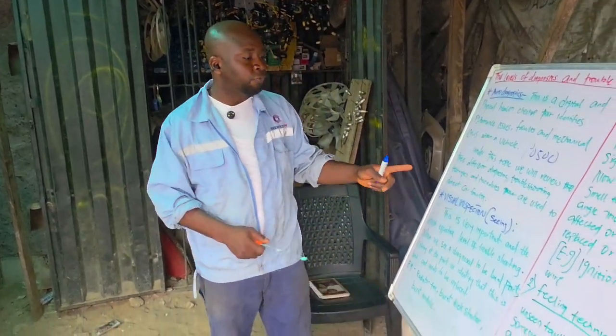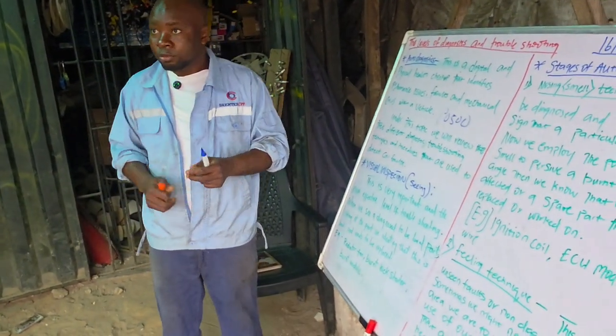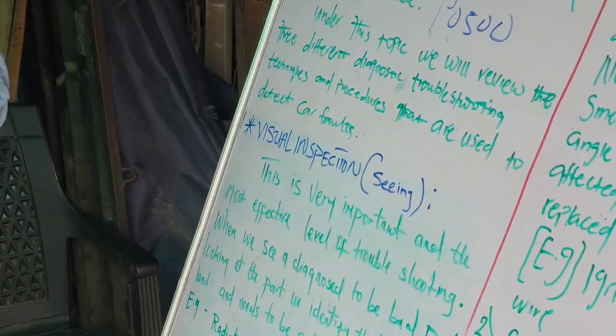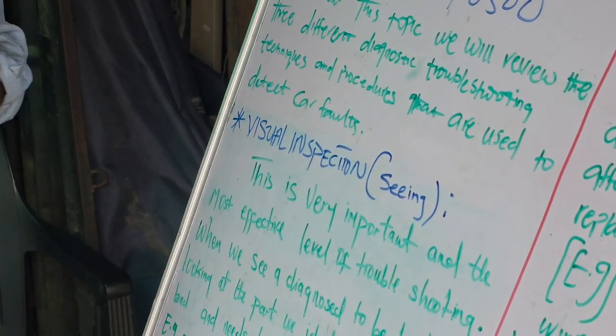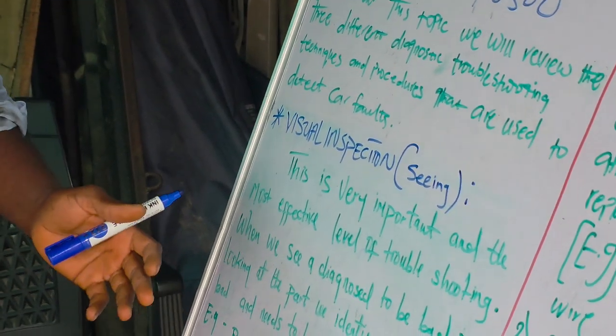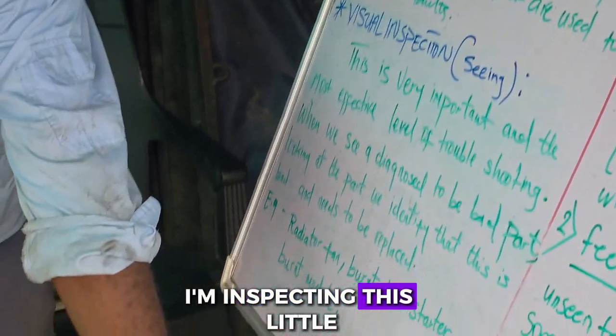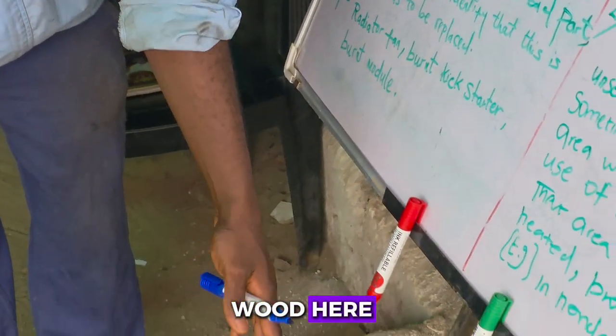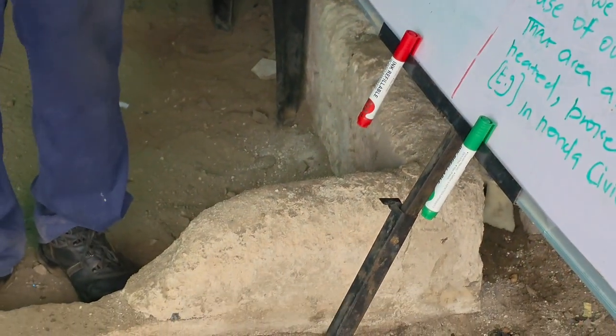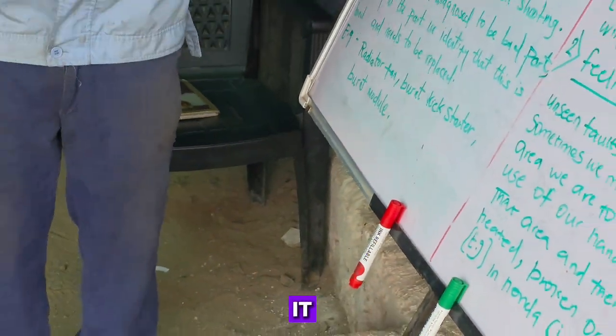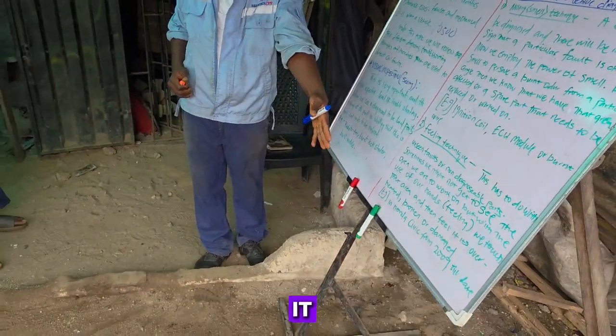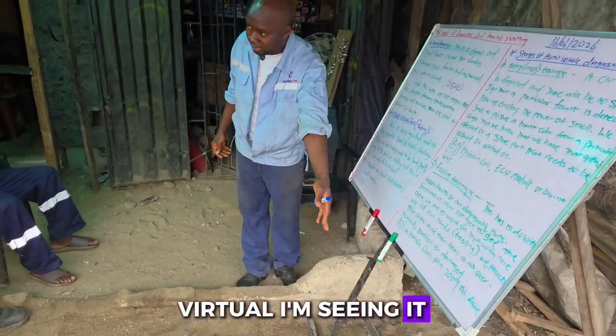Number 1 is what? Visual inspection. Visual inspection is seeing. I'm inspecting this little piece of wood here. I'm trying to inspect it. I'm seeing it.